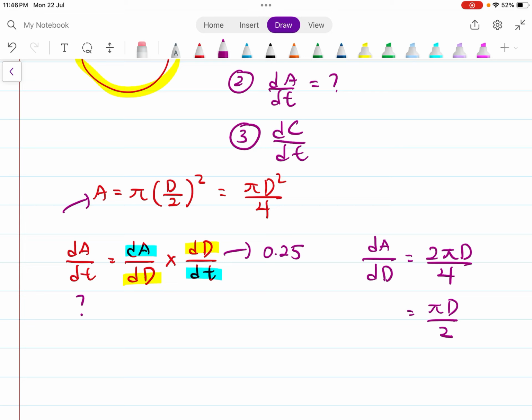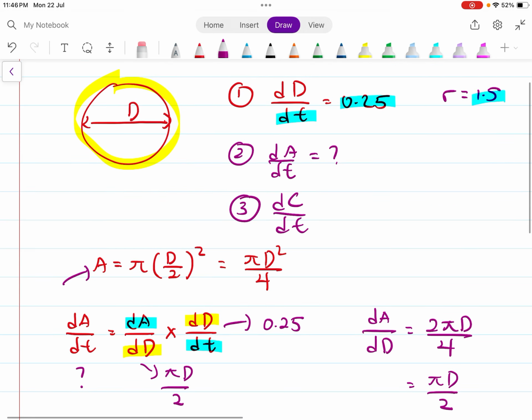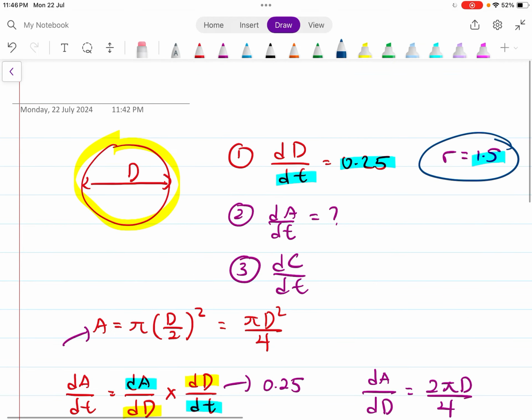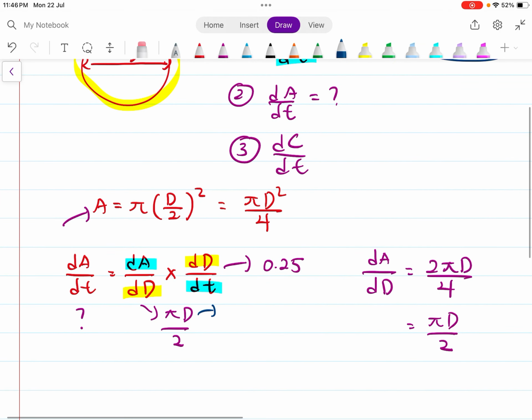So with this, you've got dA/dD already: pi D over 2. What you need to do, very simple, is use the 1.5 they give us. The radius is 1.5, meaning the diameter is 1.5 times 2, which is 3.